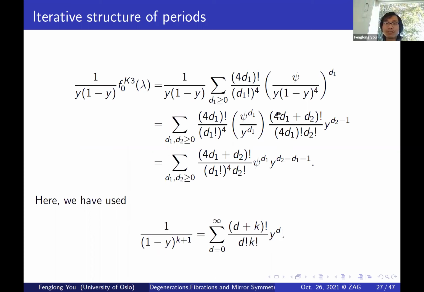Then we get this part here from this, and then we can cancel d1 factorial, and we get to this expression.